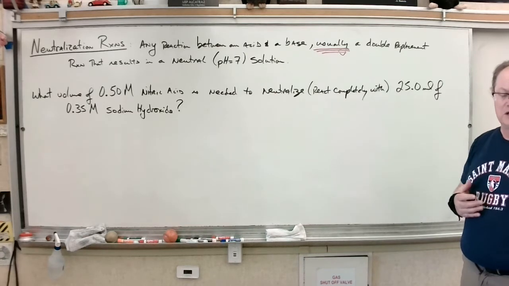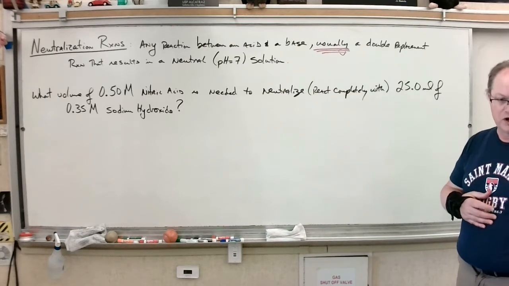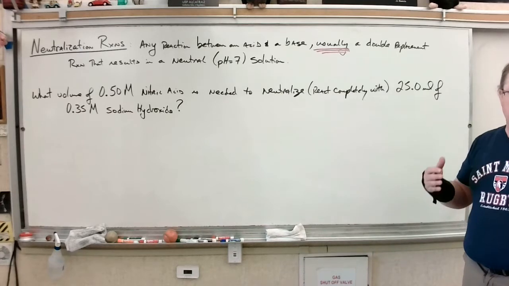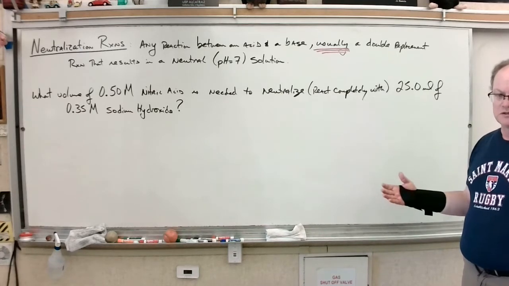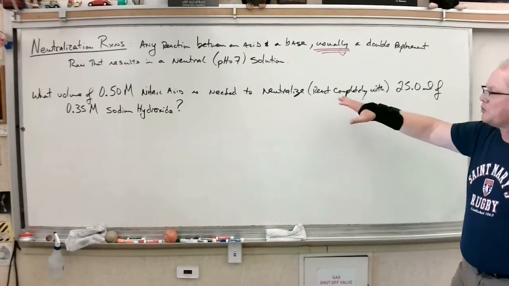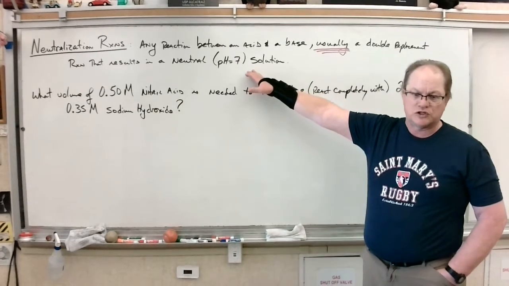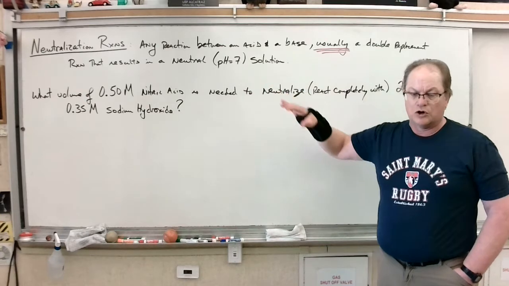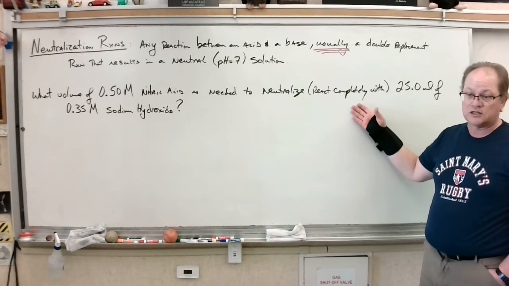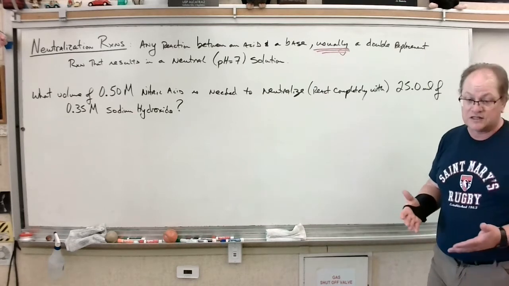That would typically be how a question like this might be phrased. What quantity, what concentration, what amount do you need to neutralize? Now, when we say neutralize, remember we're trying to get to a pH 7 solution. So when we neutralize something, what we mean is we want to completely react it. We don't want any acid left.